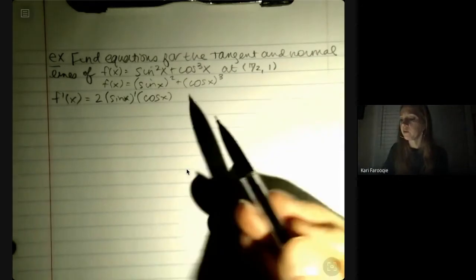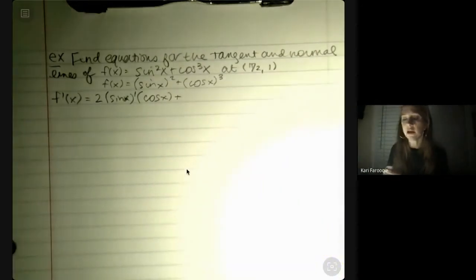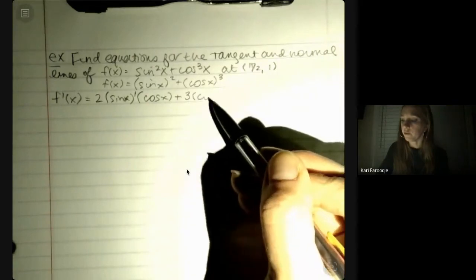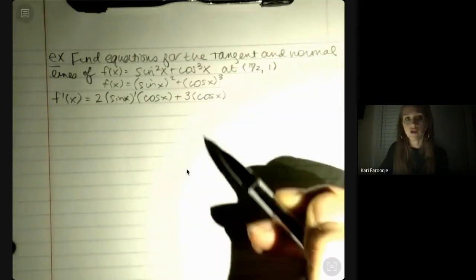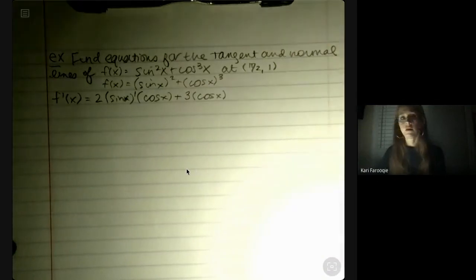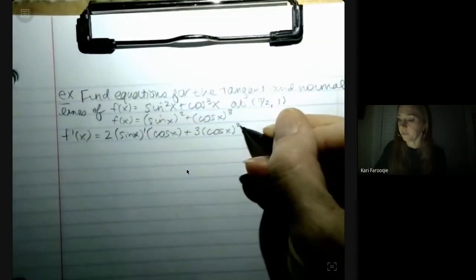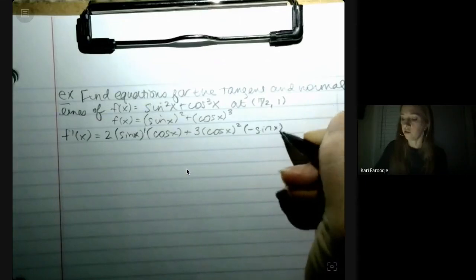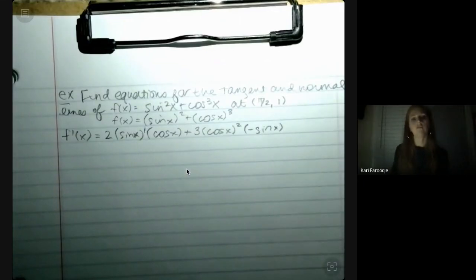And then we'll take the derivative of cosine cubed x. We'll bring this power out front, rewrite the inside function, decrease the power by 1. Let's see if I can fix this over here. And then chain on the derivative of the inside function. The derivative of cosine x is negative sine x.